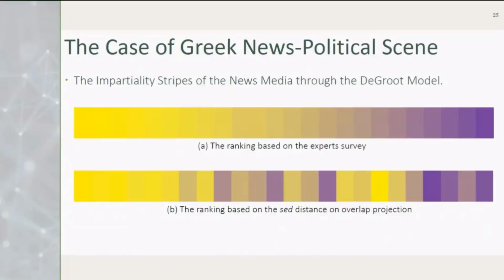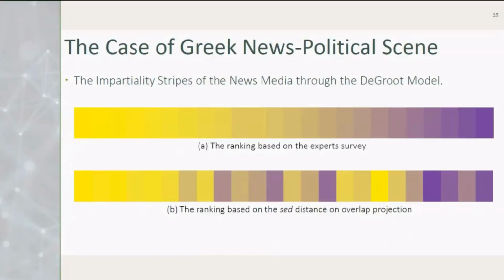So what we did is we took the influence factor extracted from the DeGroot model using model checking techniques, and we compared our findings with the findings of a survey that was conducted on a group of political scientists. The first stripe here presents the ranking, the positioning of the news media based on the results of the political scientists, while the second stripe presents our findings.